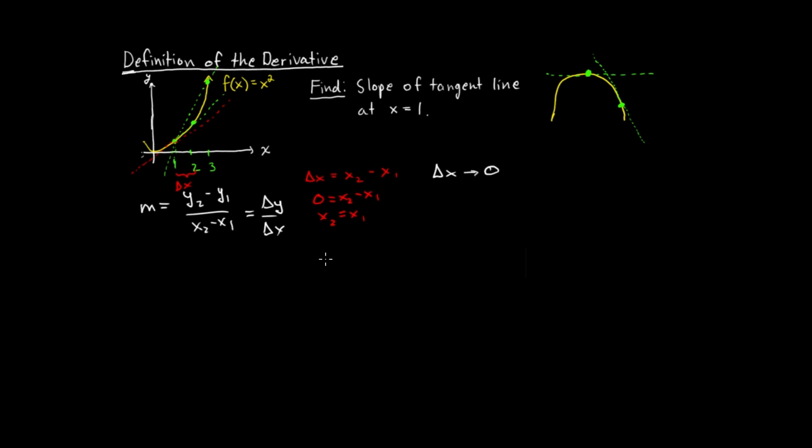Now let's go down here and redefine our slope as f of x2 minus f of x1 over x2 minus x1. Okay?